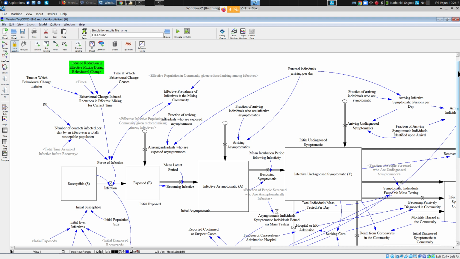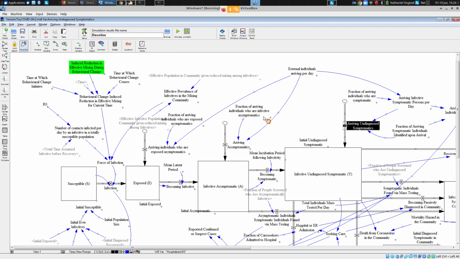In addition to helping us anticipate, we can also ask what-if questions. For example, what if we were to restrict the number of people who arrive into the model each day, say from overseas, the number of arriving individuals who are symptomatic.